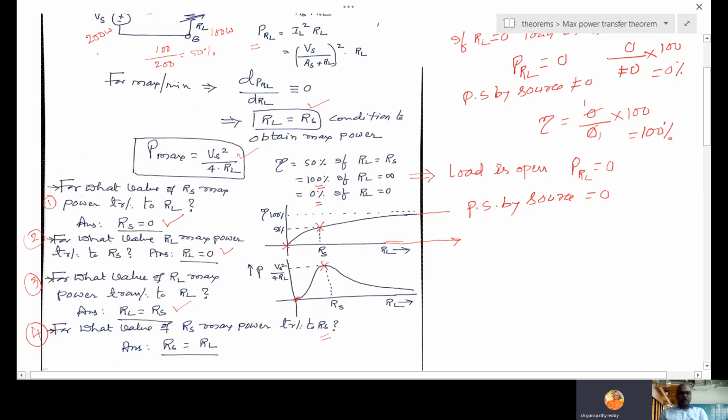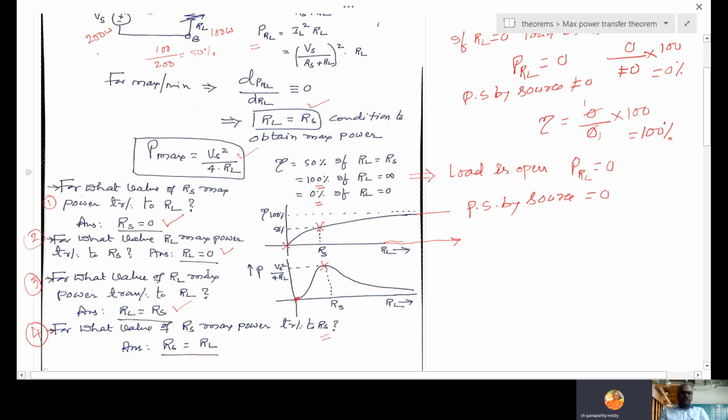In that case, RS equal to RL. RL equal to RS and RS equal to RL mean different things. Here RL is fixed, RS is changing. If that is equal to RL, maximum power transfer to RS. Here RL equal to RS means RS is fixed, RL is variable. If this is equal to RS, maximum power transfer to RL.